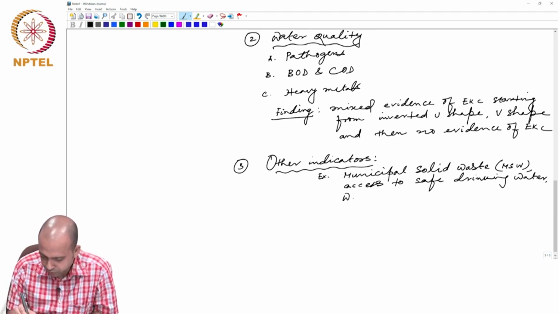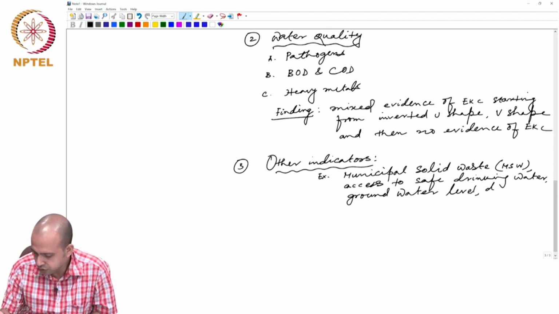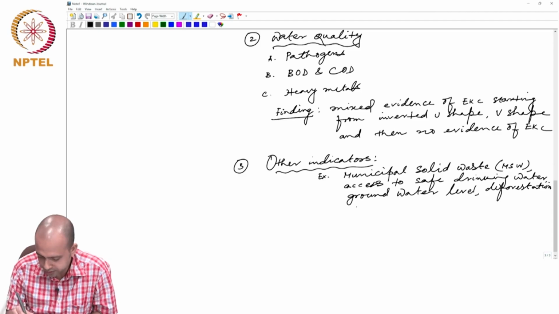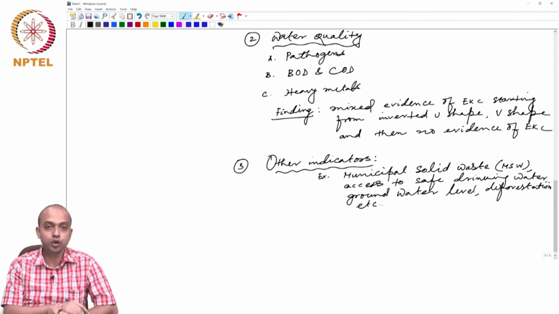It can also be measured by groundwater level, deforestation, etc. These are the other indicators by which also environmental quality can be measured.